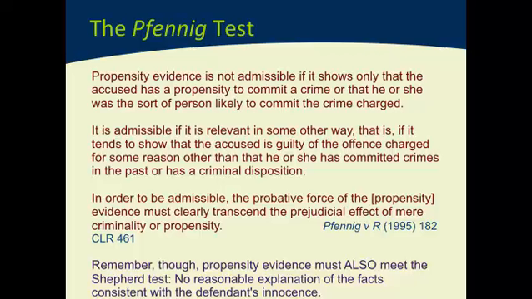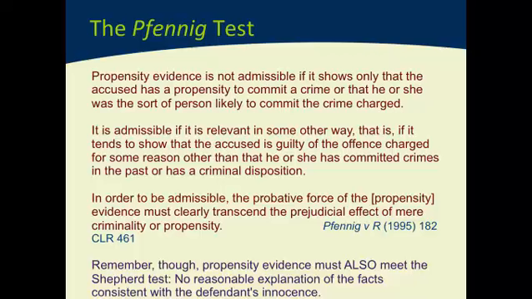Now, at this point, some of you are probably thinking, right, so for propensity evidence, we've got to apply Shepherd, and we've got to apply Hoch, and we've got to apply Pfennig, and this is getting darn messy. If that's what you're thinking, you're right. In Queensland, thank heavens, the Queensland courts have laid down a new test that replaces all of those.